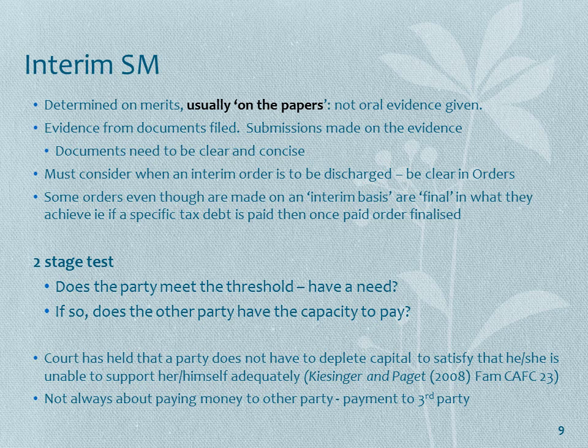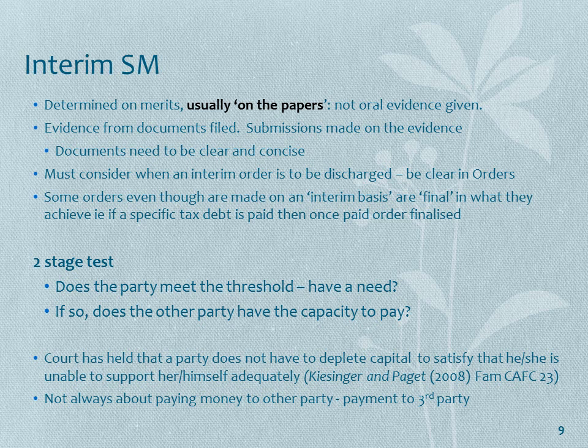What's important about spouse maintenance or interim matters, including the interim application you're going to do for your assessment, is that in the family court these are done on the papers, and that means that it is rare for the deponent of the affidavit to get into the witness box and to be subject to cross-examination.